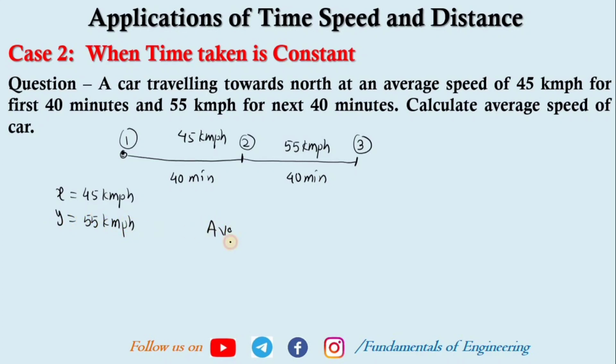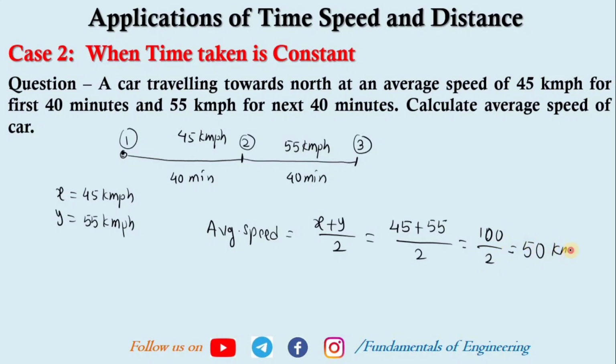The average speed when the time taken is constant is x plus y divided by 2, where x is speed 1, 45 km, plus y, speed 2, 55 km, divided by 2. 45 plus 55 is 100, divided by 2, so the average speed of the car is 50 km per hour.